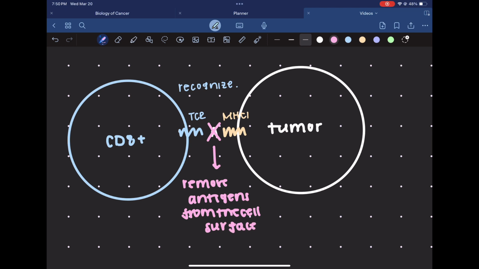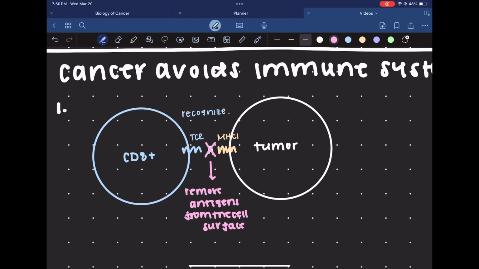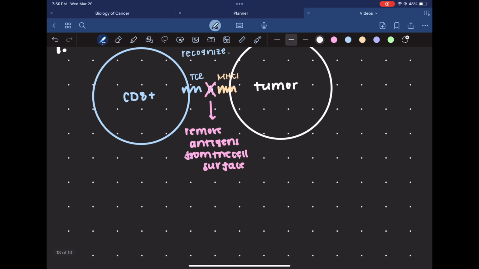So when we get rid of those antigens, our CD8 plus cells can't recognize this tumor anymore. They don't have anything to bind to and recognize, so we cannot attack. That's going to be our first way that we're able to avoid kind of detection by the immune system. All right. Second method.